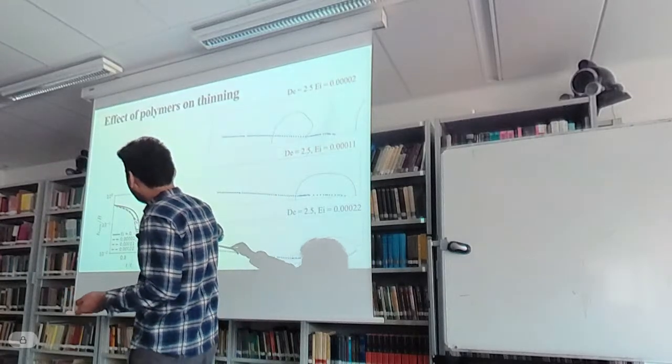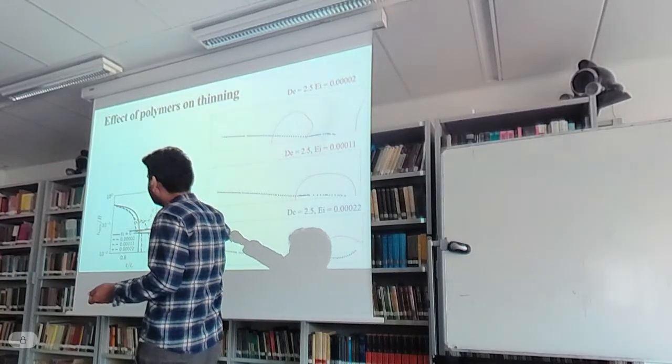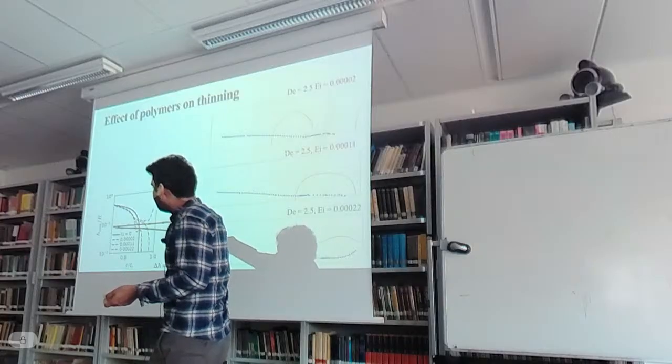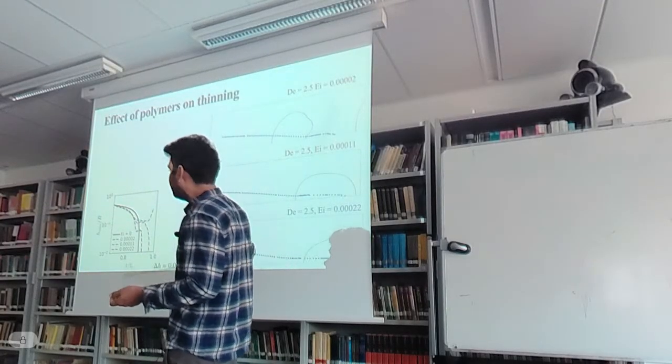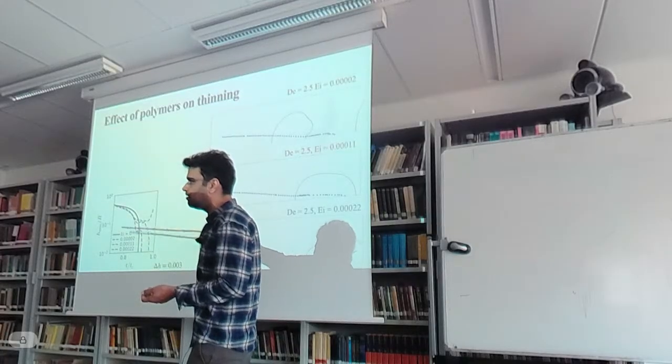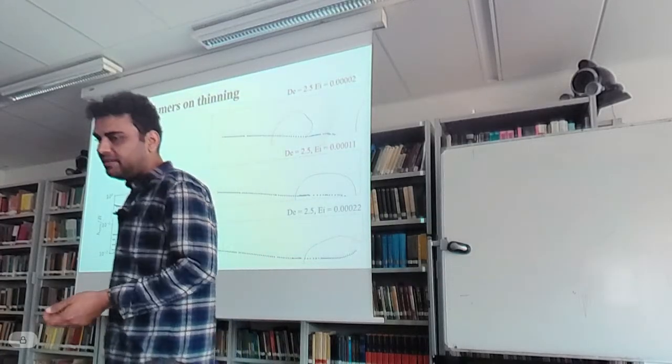Mind you that this breakup thickness is 10 to the power minus 1, and your grid size is 10 to the power minus 3. So this thickness is very well resolved. Even then you have breakup.